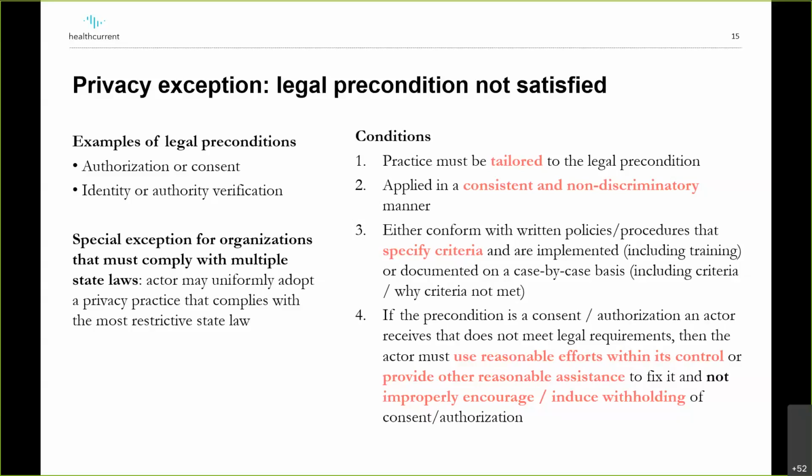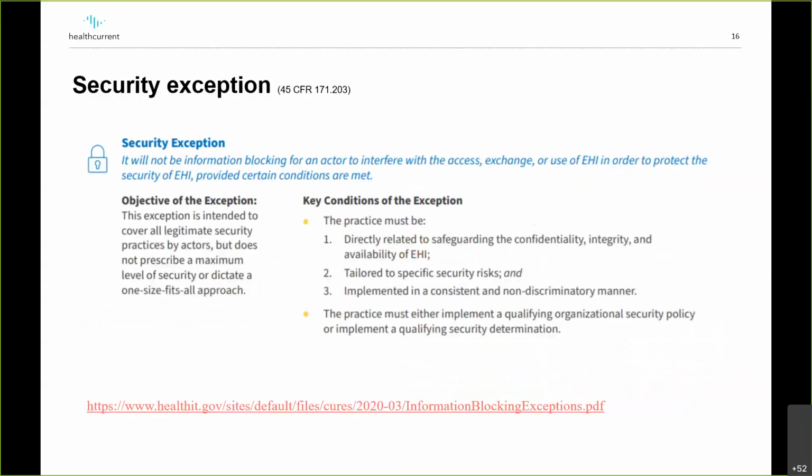Those are the types of themes that are really going to be woven through all of this analysis. How can you have tailored, non-discriminatory, reasonable restrictions on the sharing of your information? So that's something to hold on to from this presentation: those are the themes, and then we're going to continue to talk about the specificity, but I just wanted to highlight those. So yeah, let's get into the security exception now.